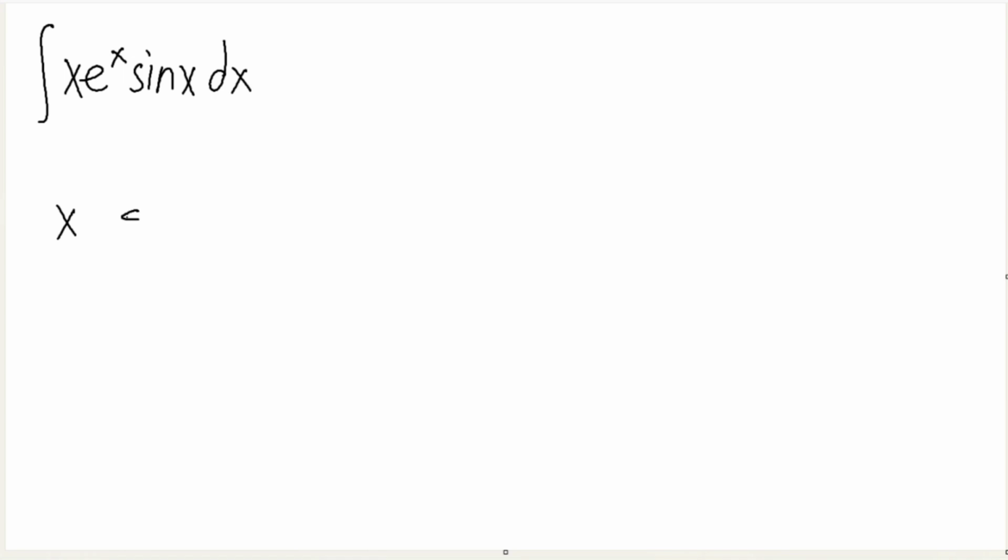You can derive this and integrate this, or you can derive this and integrate this. But here's my question to you. Which is faster? Which path is faster?